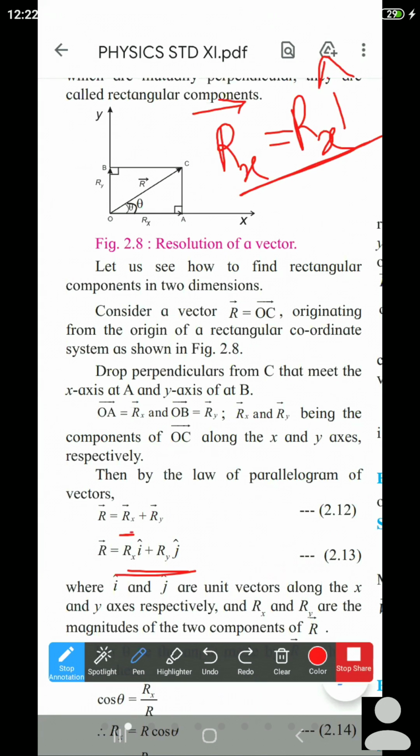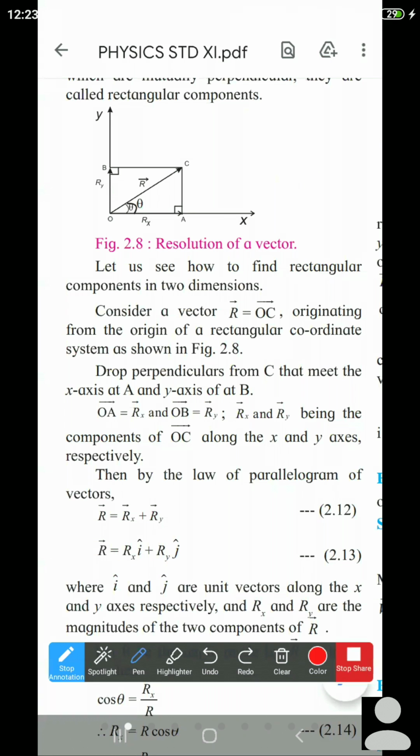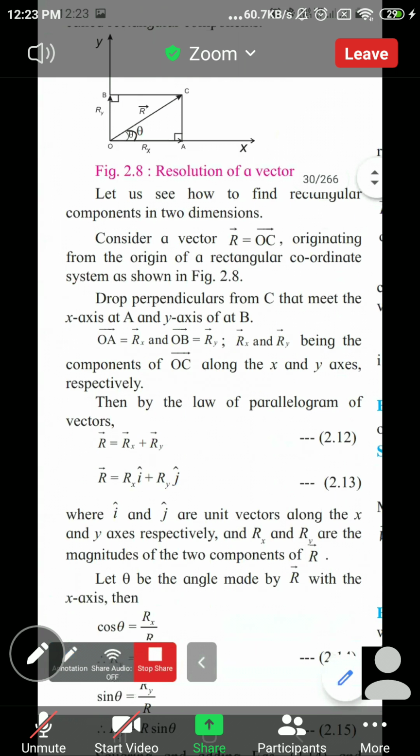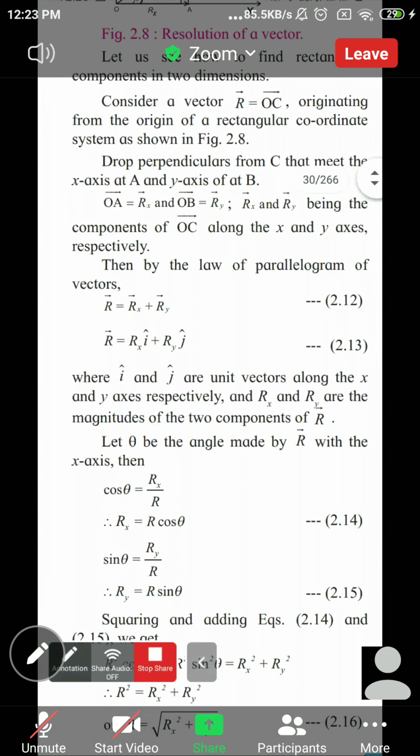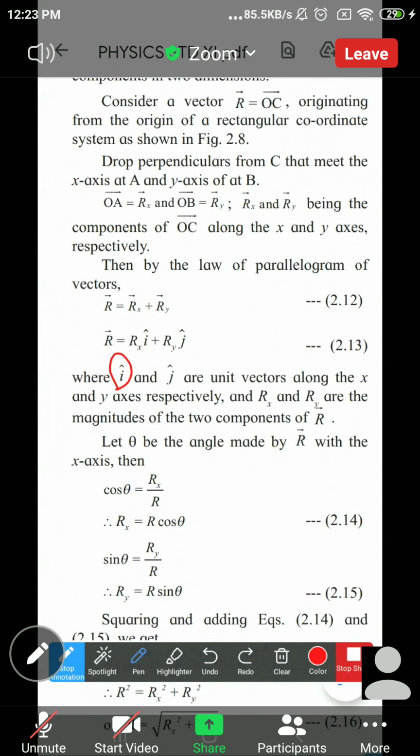ठीक है, तो यहाँ पर बस वो डाल दिया है, वो इक्वेशन में वैल्यू पुट की है. तो we can write Ry bar is equal to Ry j cap. Okay. See here, in equation 2.12 these values are written and equation 2.13 is obtained, where i and j, meaning i cap and j cap, are the unit vectors along the x and y axis respectively.